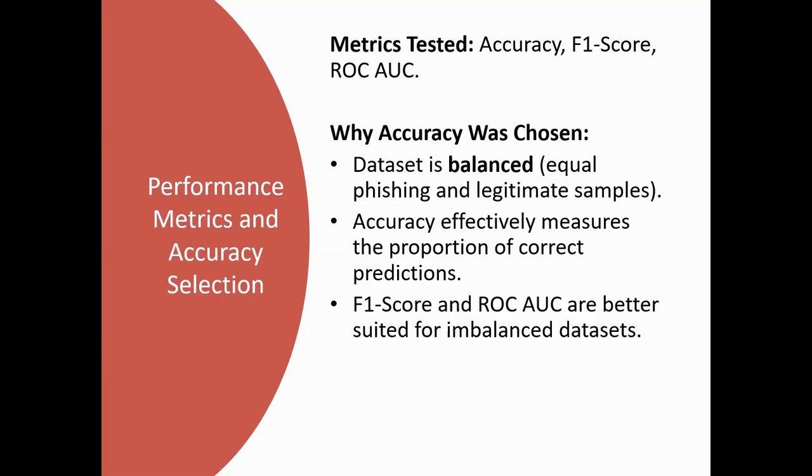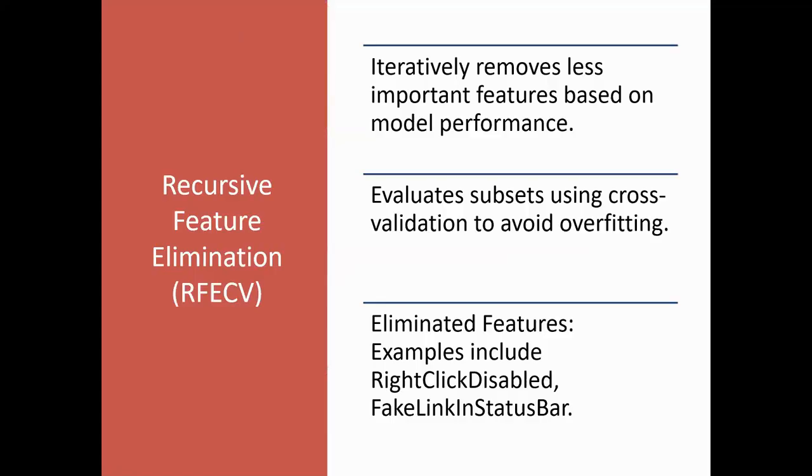So we performed all three metrics, and we ended up getting the best results with accuracy. The reason we ended up getting accuracy as our best result is because of our dataset. The dataset is balanced. Why? Because we have an equal number of phishing and legitimate samples.